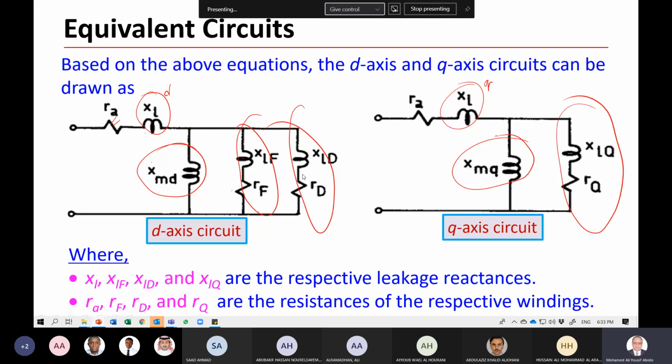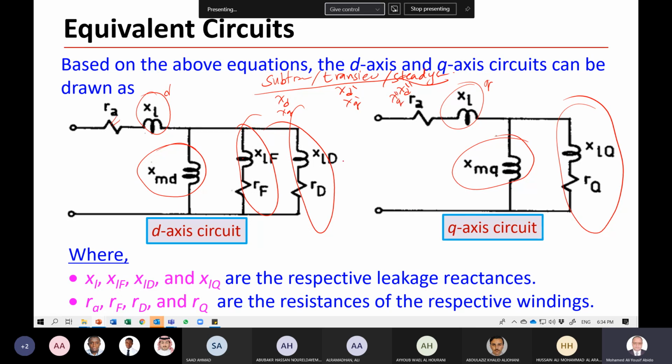Now when we have three periods for the fault analysis or transient analysis, we can have the subtransient period, which is immediately after the fault, and transient and steady state. So we need to find Xd, Xd prime, Xd double prime, and also Xq, Xq prime, and Xq double prime.